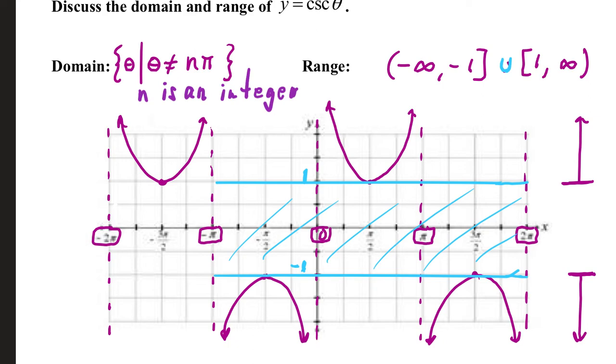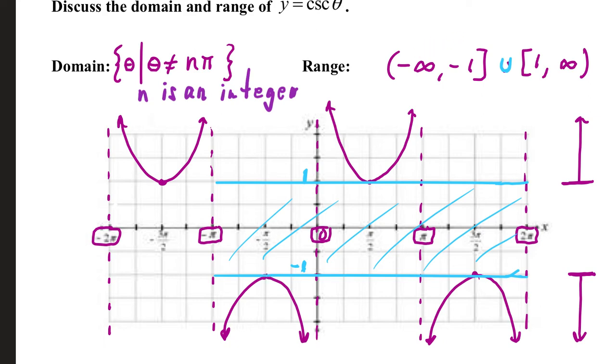Due to the reciprocal, cosecant never sees the light of day between -1 and 1. So I put these light blue horizontal lines in here to help you see that cosecant never takes on any of these y values. The only y values this graph takes on are really negative until you get to -1.